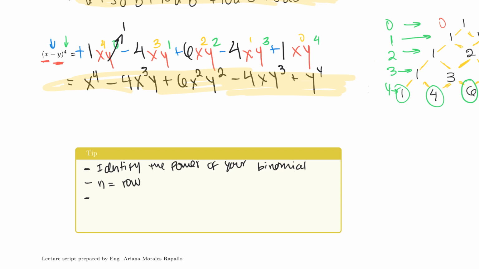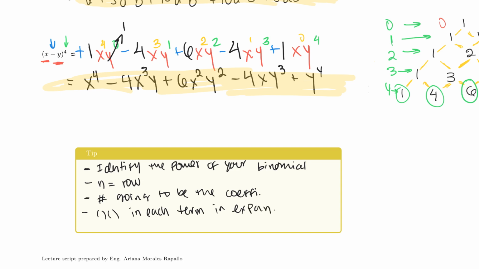Once you have identified the row, then the numbers are going to be the coefficients. Then you start adding the two terms of your binomial, multiplying to each coefficient. So the first term and the second term in each term in your expansion. So this will be term 1 and term 2.